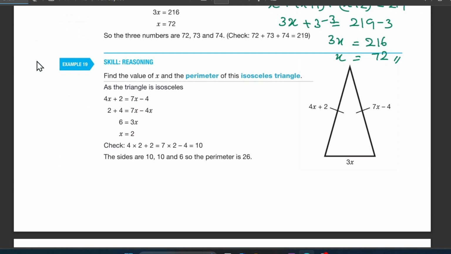And in example 19, you can see find the value of x and the perimeter of this isosceles triangle. Perimeter, so I have to add all these three sides. So I get 4x plus 2 plus 7x minus 4 plus 3x.